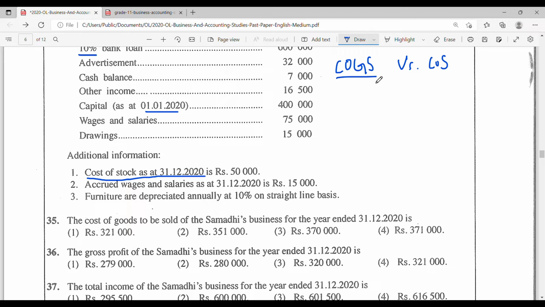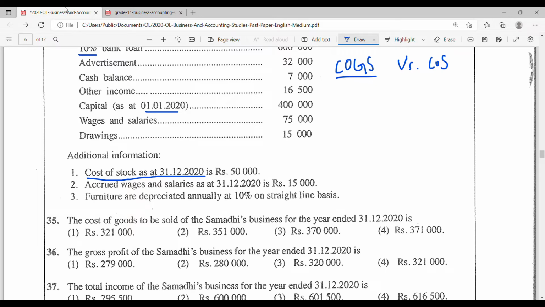Cost of sales, on the other hand, refers to the cost of the stock which you have sold. By selling you would have earned the income. Through cost of sales you are finding the cost of those sold stock items.